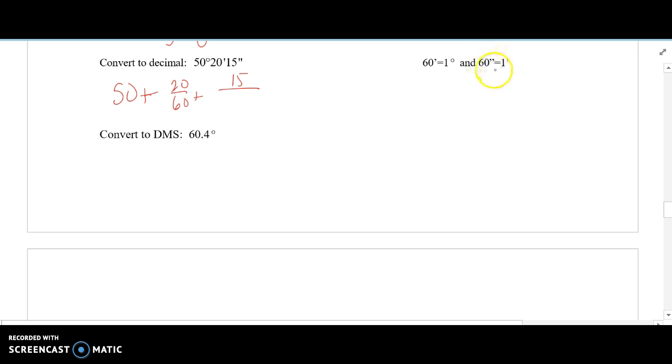Well, if there's 60 minutes in a degree and 60 seconds in a minute, we would take 60 times 60. This is 3,600. There's 3,600 seconds in just 1 degree. So now if we add all these up, we get that to come out to 50.3375 degrees. So there is that as a decimal. On your calculator, you can use some functions that are on there.